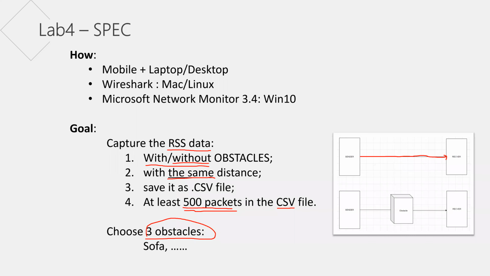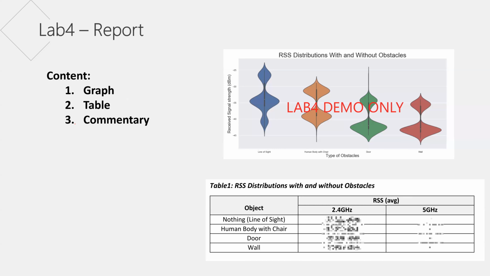Okay, so come to the report part. So what should we do again? A graph, right? We need to plot a graph, maybe something like this. This one is a violin graph. So you can see the graph is like a violin. How can we know what this is?